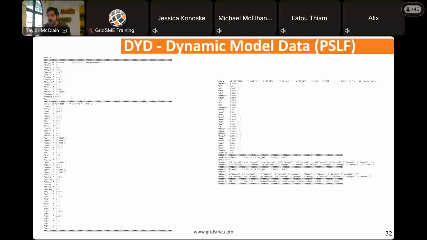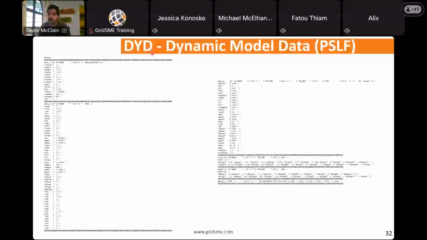Paired with this, done in PSLF, PSSE, PSCAD, are the transient, the dynamic simulations that are done along with the steady state models. The steady state models define the topology, and then we have the dynamic models, which define the characteristics of a generator. In this case, we're talking about a DYD file, which is specific to PSLF.